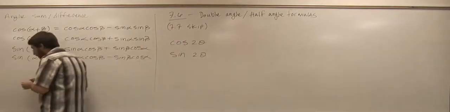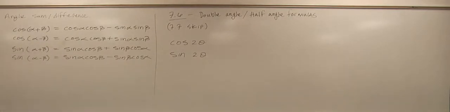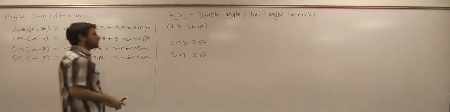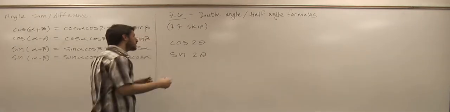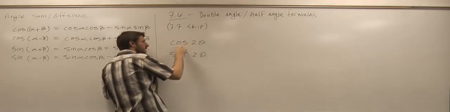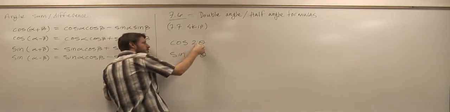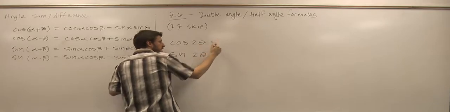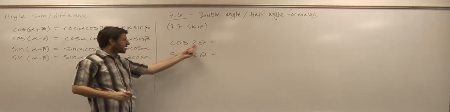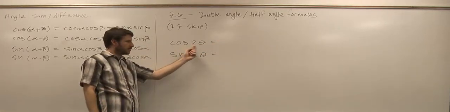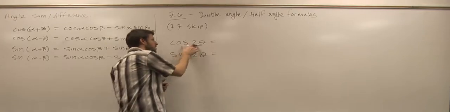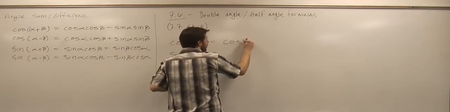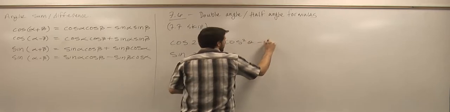So double angle formulas is where we'll start. What double angle formulas are going to do, and we'll verify the cosine 2 theta one in a second, is take cosine or sine of 2 times an angle and give you a formula that gets rid of this 2. So for example, cosine of 2 theta is equal to cos squared theta minus sine squared theta.